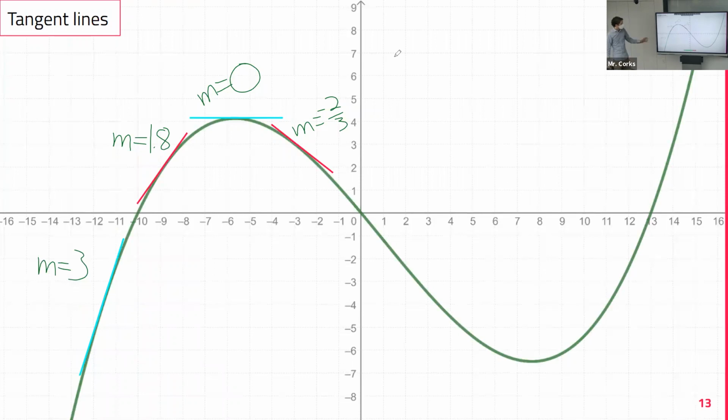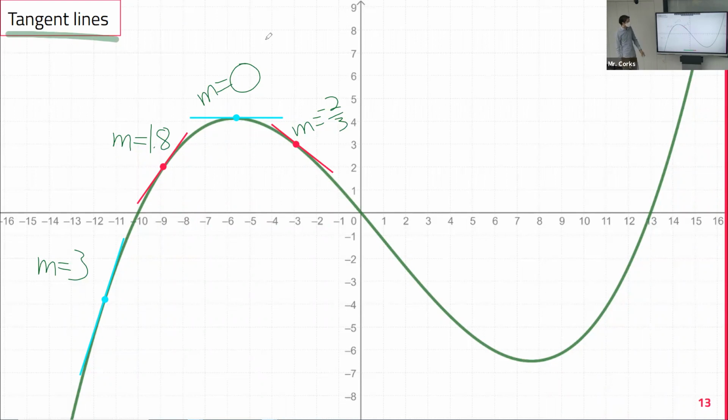So we care about recognizing this on a curve. Each of these things are actually what we call tangent lines. A tangent line means we have a curve, and we choose some point on that curve, and we want to know what the slope of the curve is at that point.